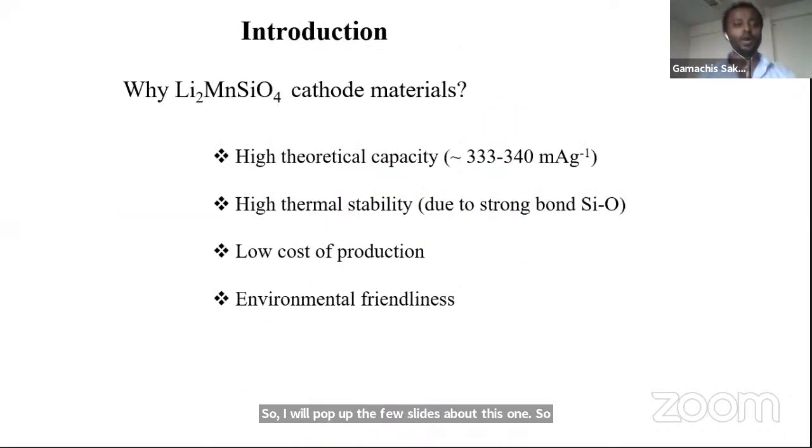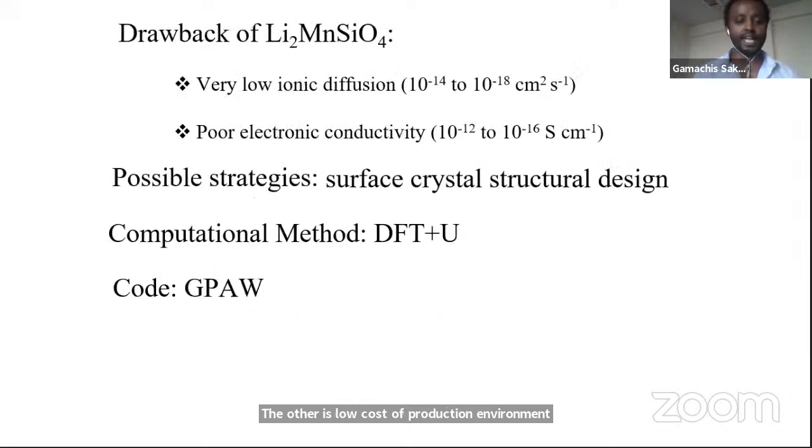So you may wonder why this guy is talking about lithium manganese silicate, this cathode material. It has high theoretical capacity, and high thermal stability due to the strong bond between silicon and oxygen, so it makes the system very stable thermally. The other advantages are low cost of production and environmental friendliness.